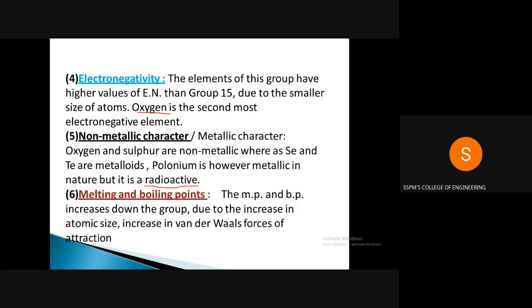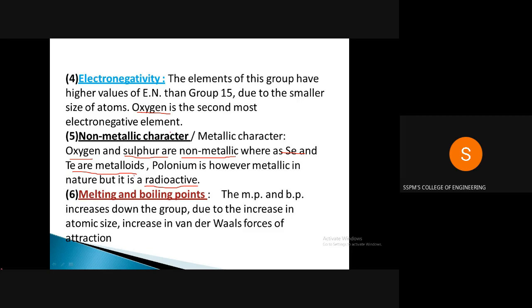Remember this. Selenium and tellurium are the metalloids. Who are the non-metals? Oxygen and sulfur are the non-metallic elements. Remember these highlighted points because questions may be asked on these physical properties.